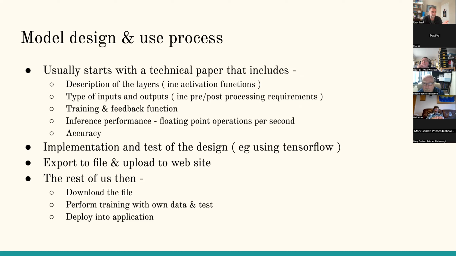So you look at the technical spec of your computer, and it'll give you what your computer is capable of doing. And if you compare the capability of your hardware with the requirements of the neural network, you can then estimate how long it's going to take to take your picture of your back garden and produce a recognition that there was a bird in the middle of your lawn.